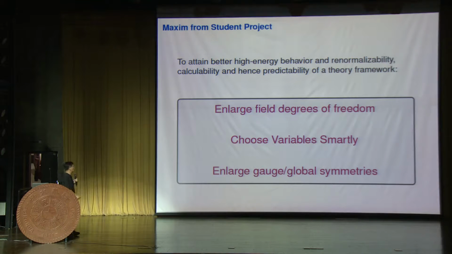Second, you introduce additional degrees of freedom in such a way that high energy behavior becomes softer and better. And on top of that, precisely like this nonlinear sigma model, you might take gauge or global symmetries from a nonlinearly realized phase into a linearly realized one. In other words, make it manifest so that it helps the organization of UV behaviors. So this is the maxim.